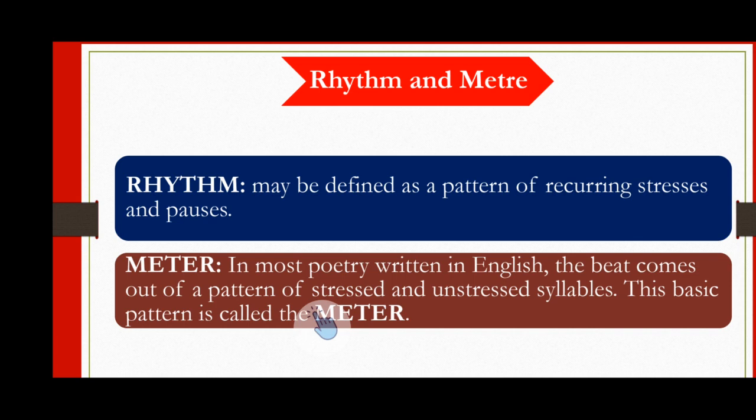And on the other hand, a regular arrangement of these syllables according to the number and type of beats. By beats we mean stressed and unstressed syllables, that is, how many stressed and how many unstressed syllables there are. So the regular arrangement of syllables according to the number, how many there are, and the type of beats used in a line of poetry is called a meter.